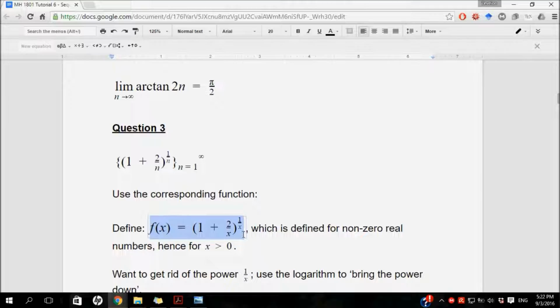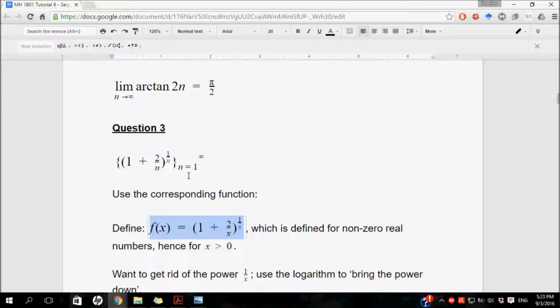Once again, you see that by restriction to the natural numbers, if you take x to be a natural number n, you would get back the original sequence. There is no problem here for such a sequence because n in the natural numbers will always be greater or equal to 1.